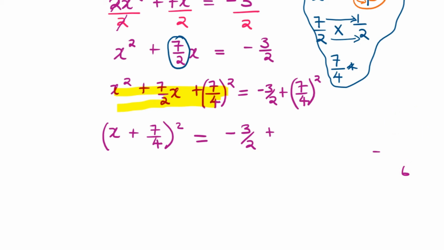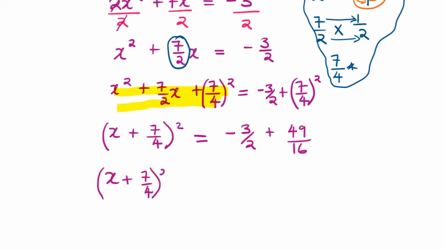In an exam we don't need this one. We'll write 49 over 16.